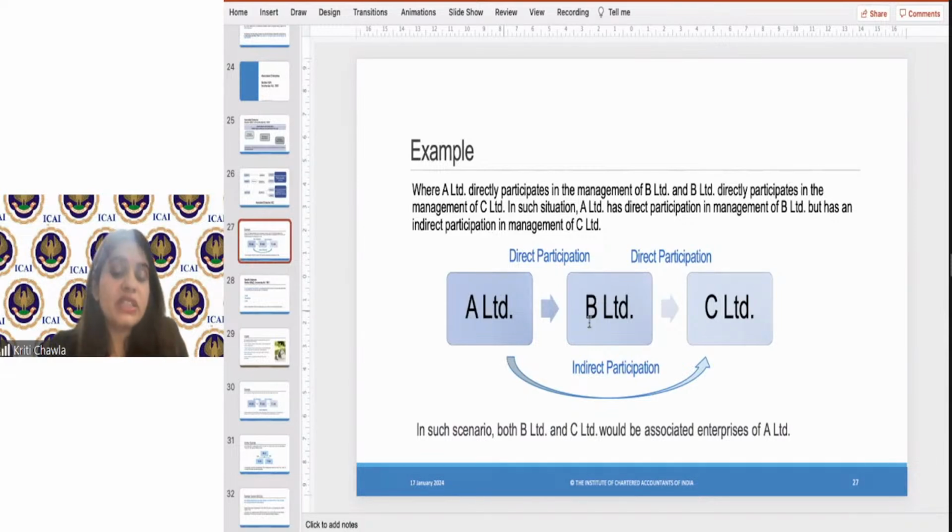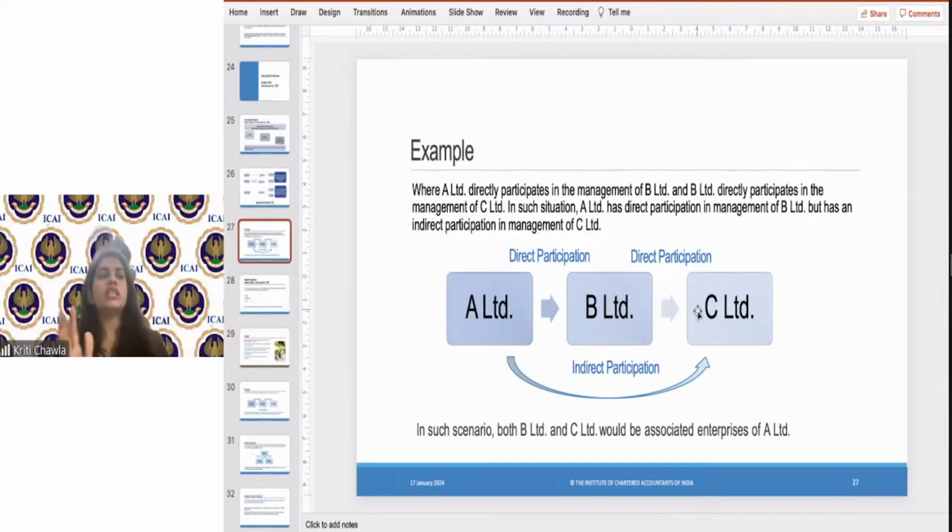Company B is related to company A because there is direct participation. Company A is directly participating in company B. Company B is associated to company C because they are directly participating. And because company A has direct participation with company B, which is directly related to company C, that means company A is indirectly related to company C, and hence company A and company C would also be associated enterprises by virtue of section 92A.